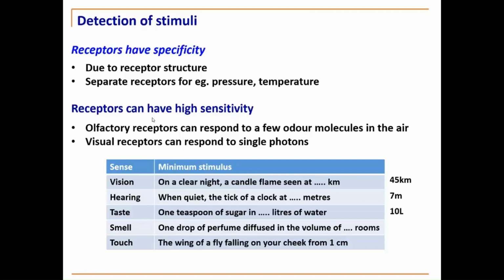So very, very dilute, but you can still just about taste it. Smell, 1 drop of perfume diffused in the volume of 6 rooms. So you can still smell that when it's diffused throughout those entire 6 rooms. So again, this puts into context how little stimulus you need to actually be able to respond to that stimulus, whatever it might be.